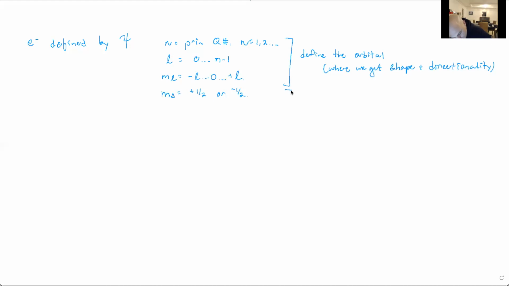The fourth term defines the spin. Okay, and we typically represent the spin with a little half up or down arrow. And it doesn't matter how you assign plus or minus 1/2 there. The point is that this is showing us the two options in terms of m sub s.